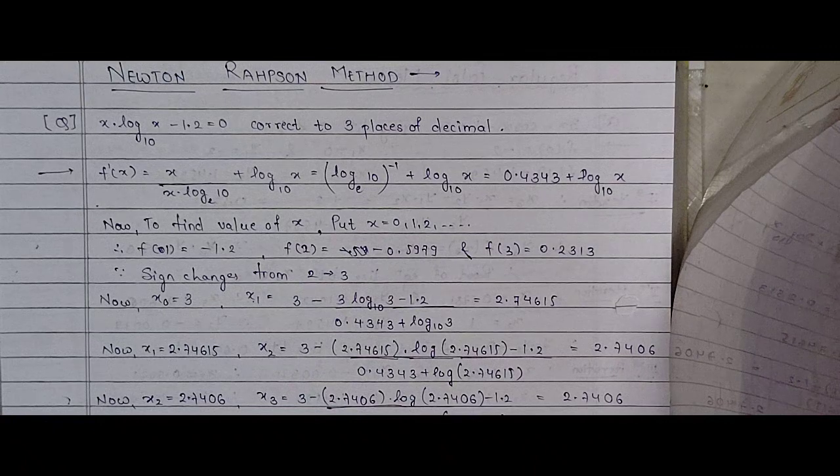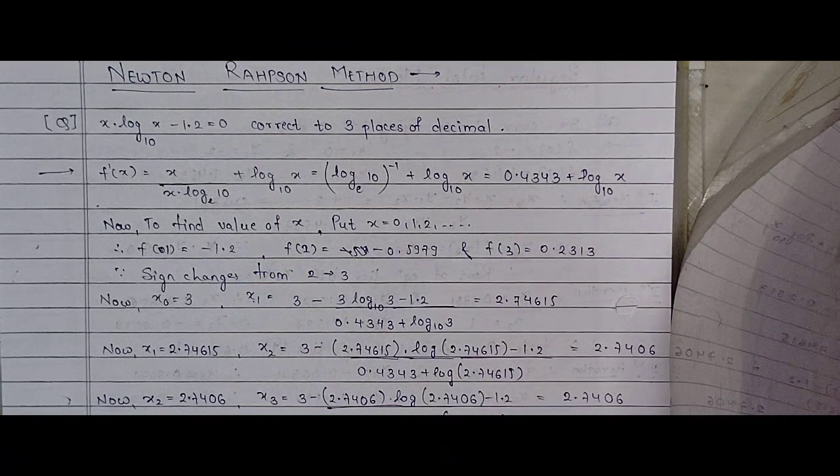If we compare the two, the Newton-Raphson method is quite simple and also very short compared to the regula falsi method. If the regula falsi method takes 5 to 6 iterations to get the value of x, in the Newton-Raphson method you will easily get the value of x within 3 to 4 iterations.